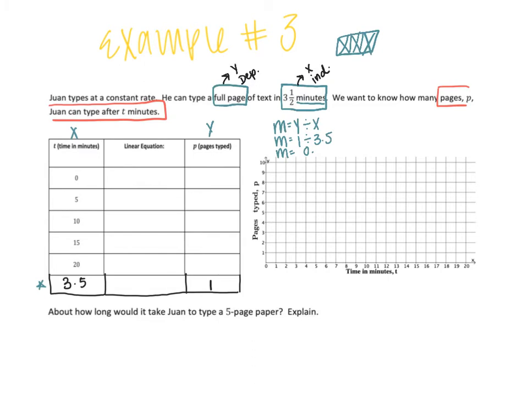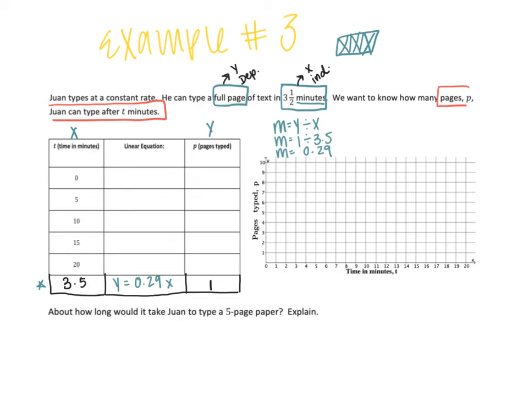I'm going to round this out to 0.29. Okay? So the equation that I'm going to be using for this is that y equals whatever x is times 0.29. So that is my equation for this problem.